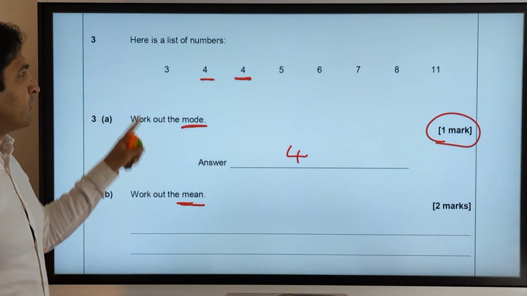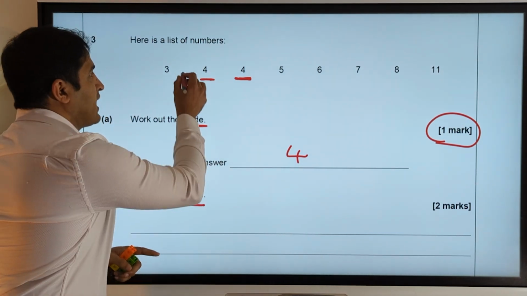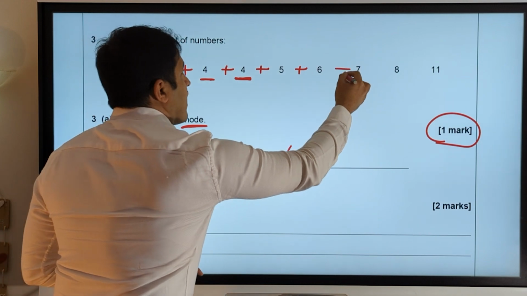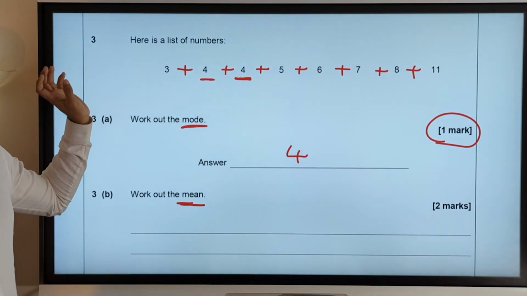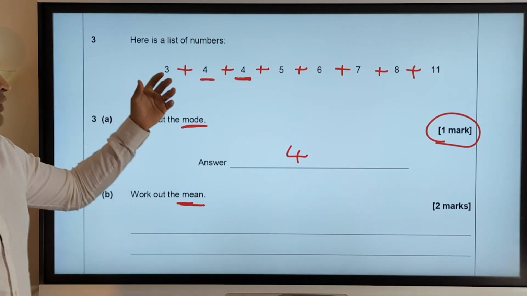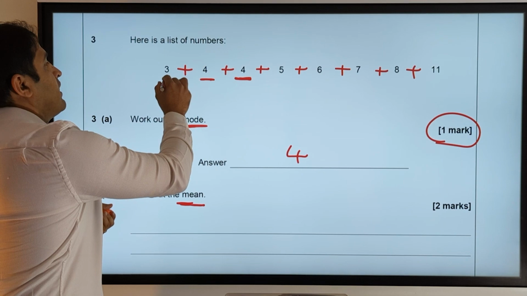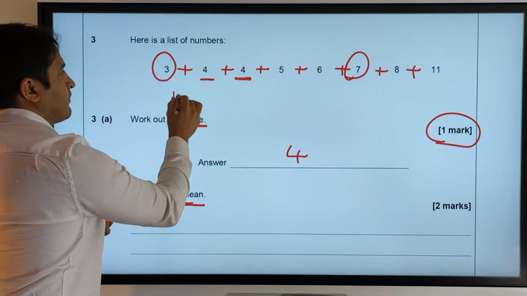What is the mean value? To work out the mean value, we need to add them all up. Mean is when you add them all up and divide by how many there are. So I'm going to try and look at it as number bonds. We can say 7 and 3, that gives you 10.